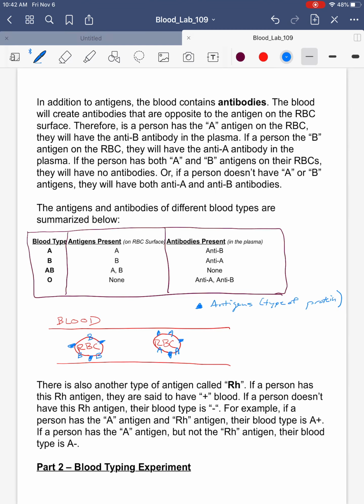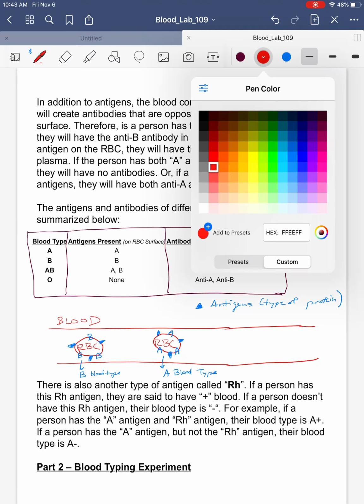So they're just there, okay? If someone has the A antigen on their red blood cell surface, they are an A blood type. If someone has the B antigen on their red blood cell surface, then they are a B blood type. How about that? Let's talk about A, B, and O, and we'll continue this example because it's working reasonably well for us.